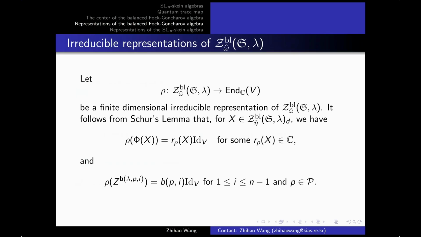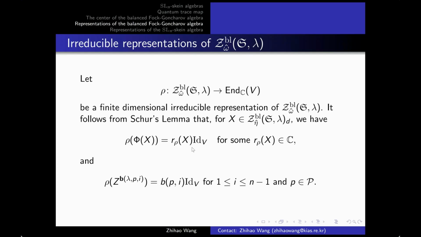Let rho be a finite dimensional irreducible representation of the balanced part. Still, we have the root of unity assumption. Then for x in here, we have this phi x is in the center of the balanced part. So it just means rho maps this element to a scalar multiplication. It just means there's this R rho x such that this is true.